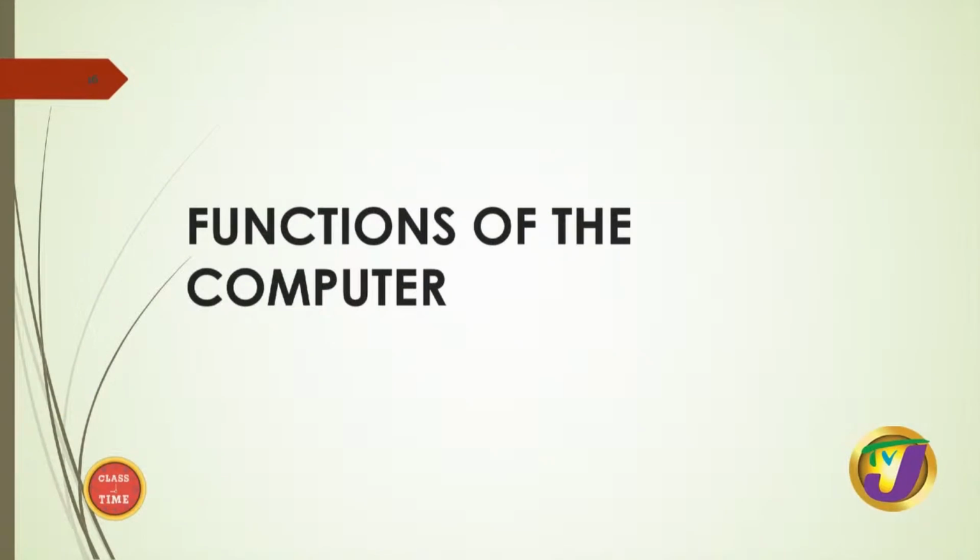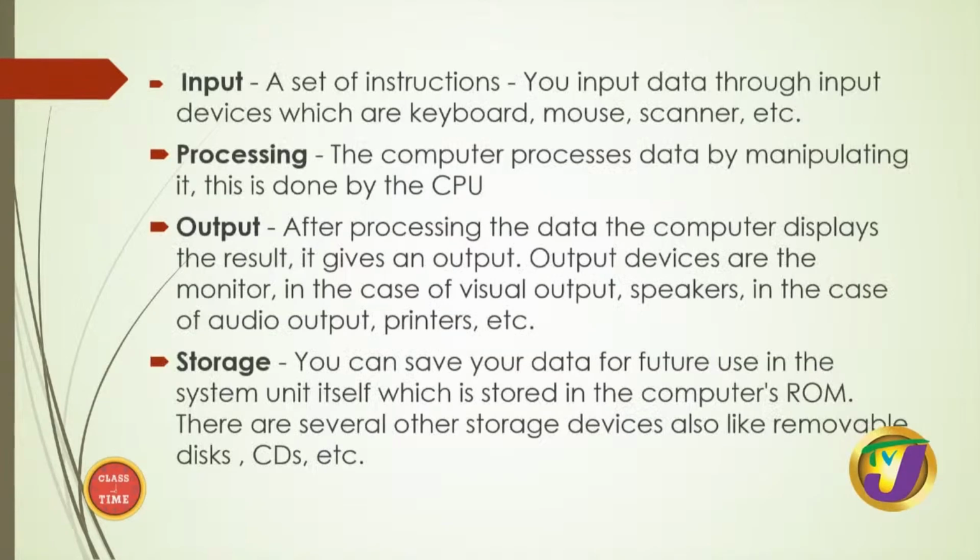We're moving on to functions of the computer. Now the computer has 4 basic functions: input, processing, output, and storage. When we input information and data into the machine, we do so using some input devices, and the main ones are the keyboard and the mouse.